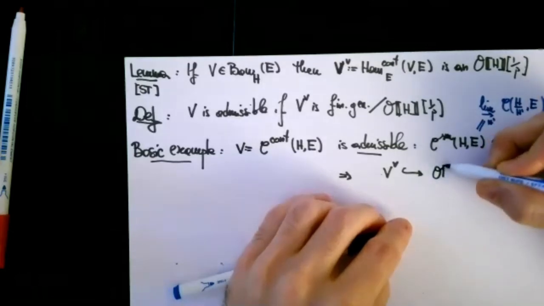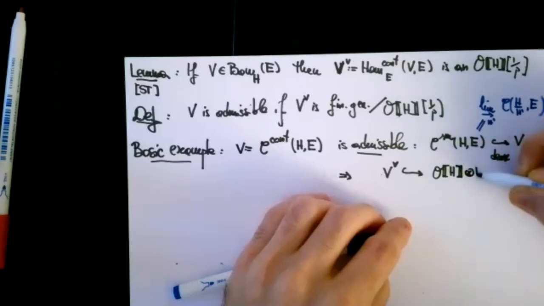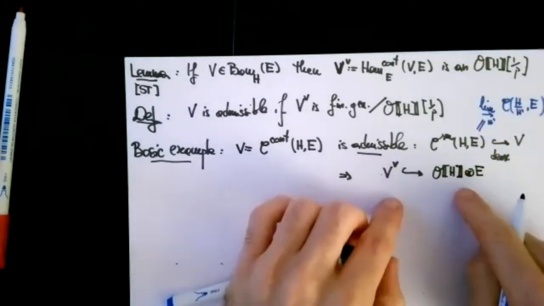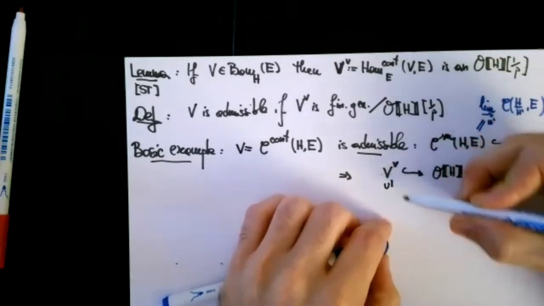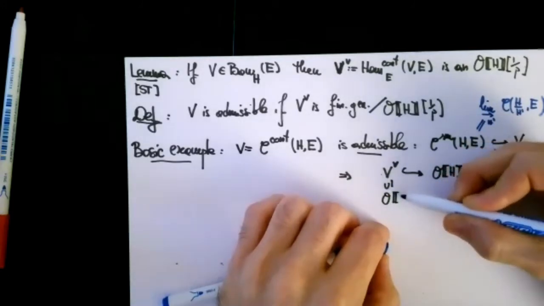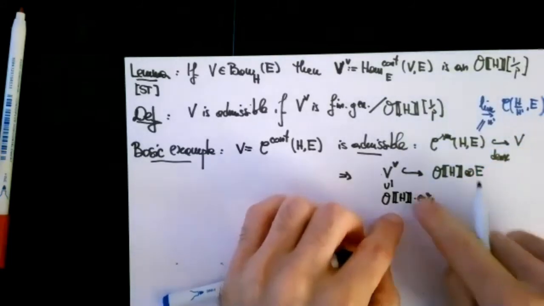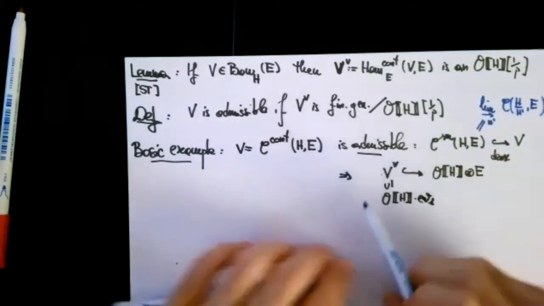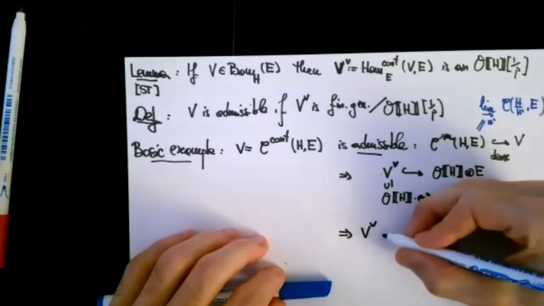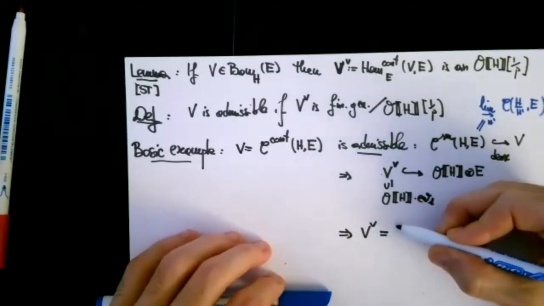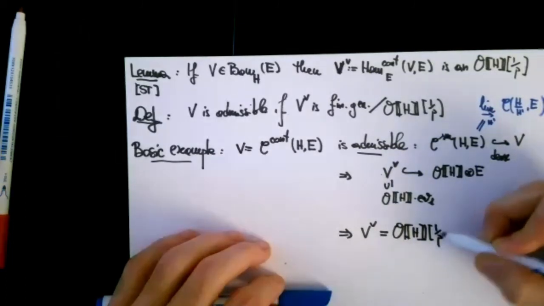So this injects into O_H times E, and we can see that this also contains O_H times the evaluation at 1. And so we get that V dual is actually isomorphic to O_H, 1 over p.